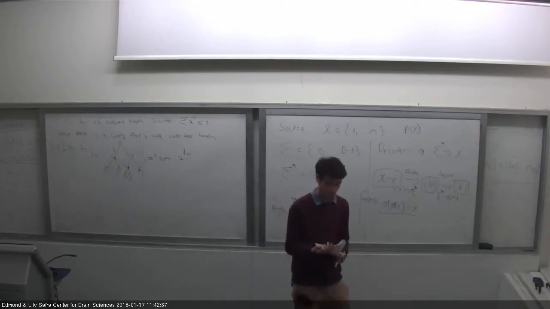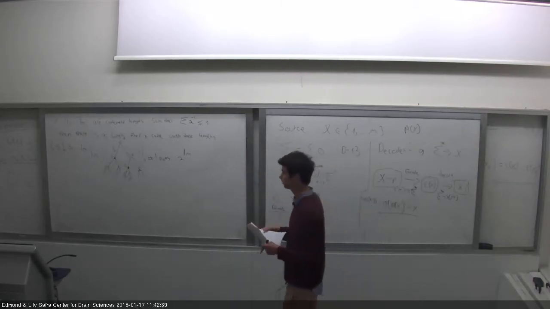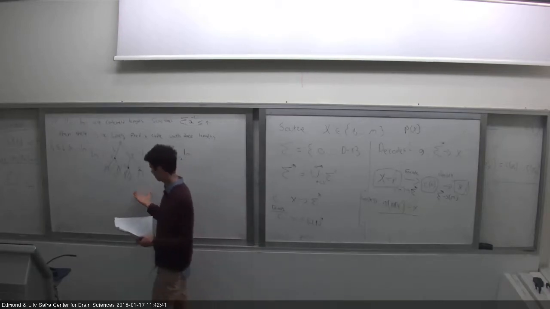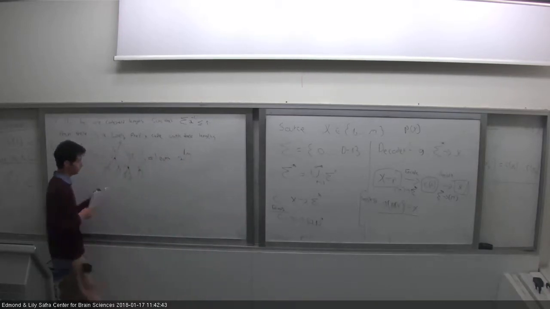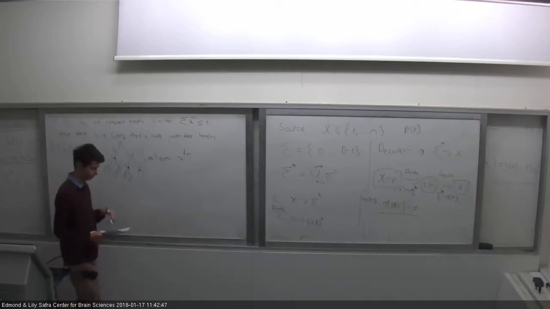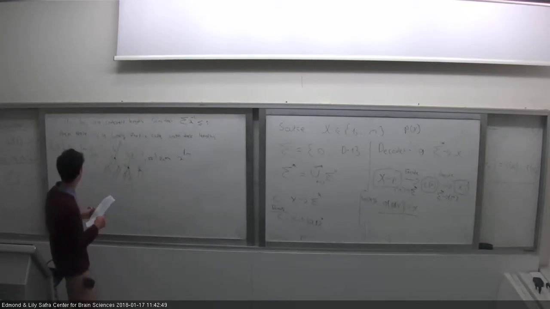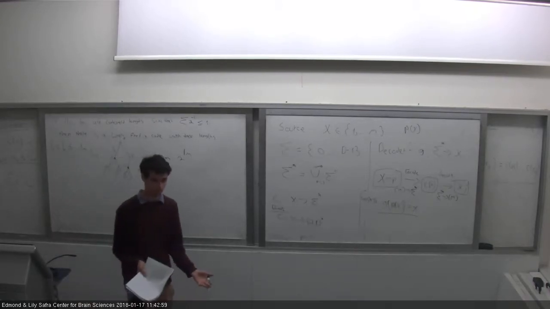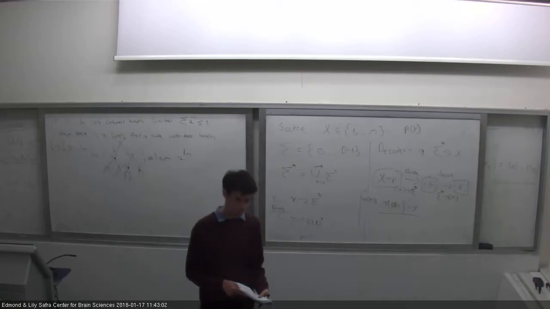Of course, in the way that I'm building it, the length of the first code word is L1, and the length of the second is L2, because that's how I'm building it.